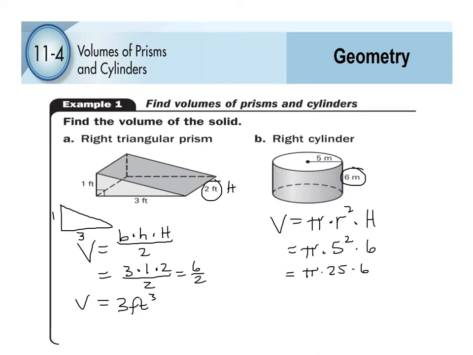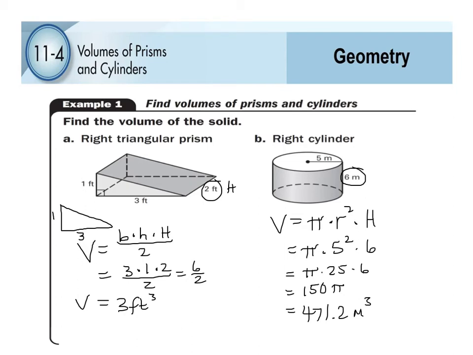When I calculate those numbers, this is 150 pi. When I multiply that out, you end up with 471.2, and in this case it'd be meters cubed.